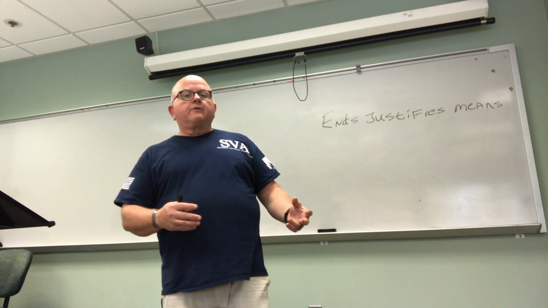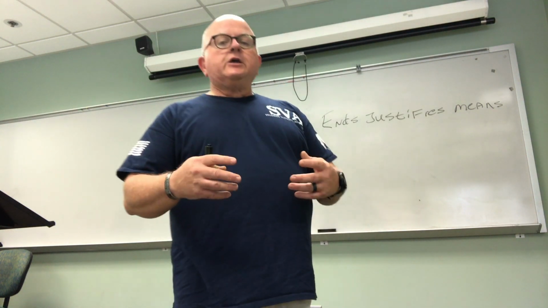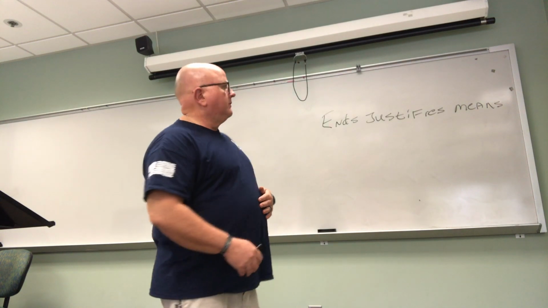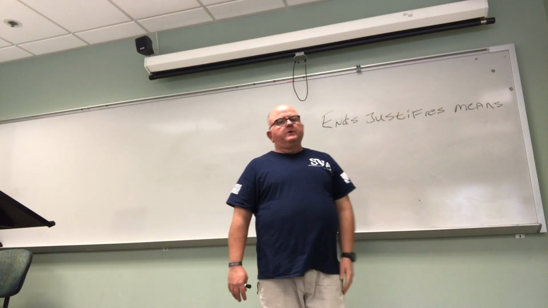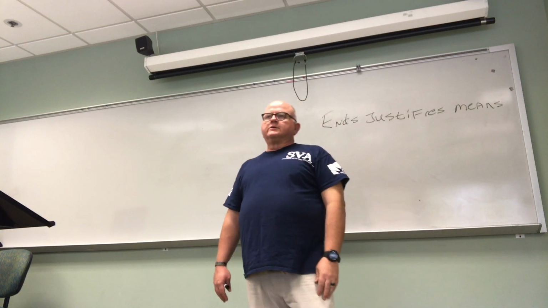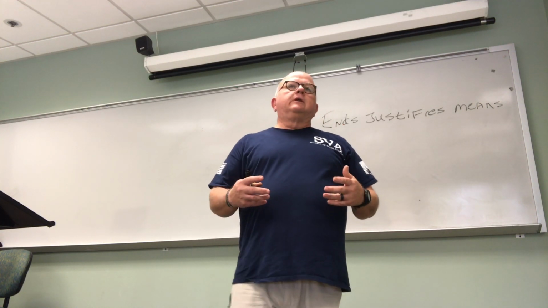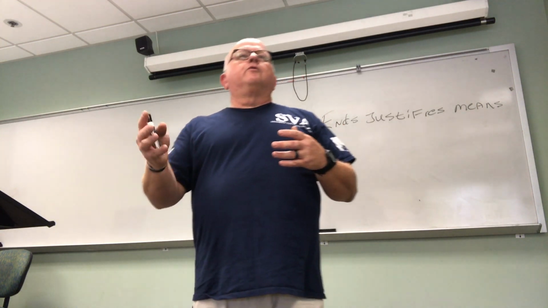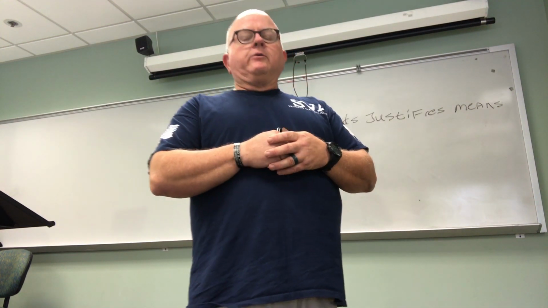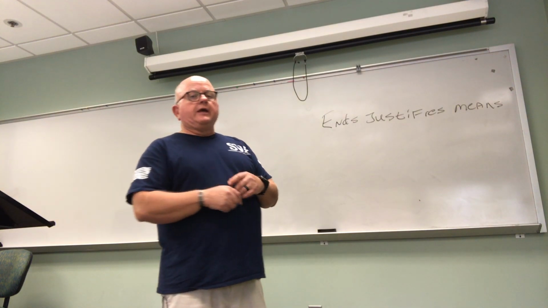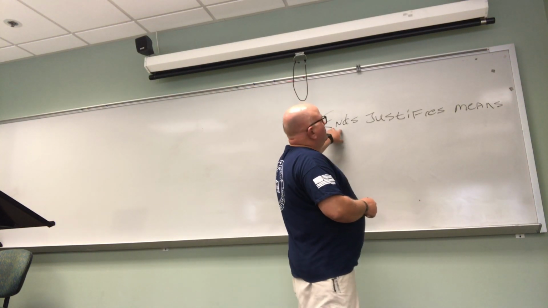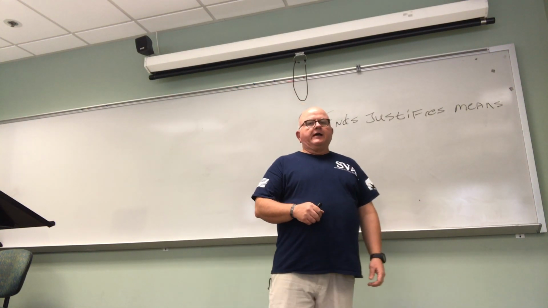We shipped them out of the west coast of the United States to internment camps. Did that end justify that means? Well, the illegality of it all was settled by the Supreme Court, which said in Korematsu versus the United States that, yeah, that end does justify that means.